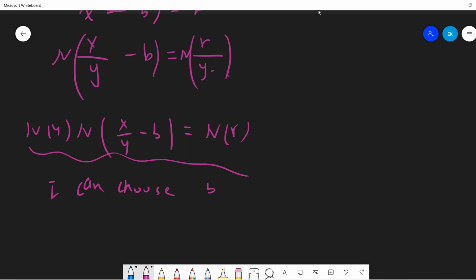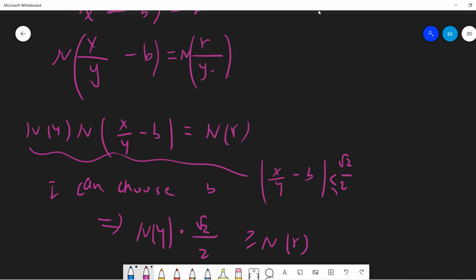So b is a Gaussian integer such that the distance between x and y is less than or equal to this, right? So this is the geometrical meaning. So we can say that n of r is less than n of y times this one, definitely less than n of y, which tells you that Z[i] is a Euclidean domain.